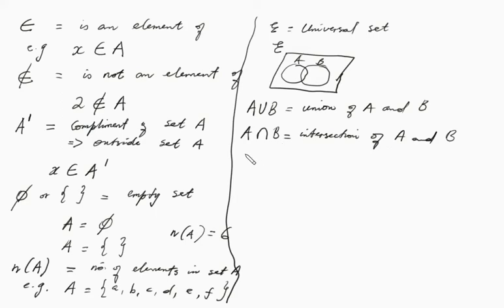Now, we also have this symbol. What does it mean? This symbol is a subset. A is a subset of B. So set A is a subset of set B. What do we mean when we say set A is a subset of set B?